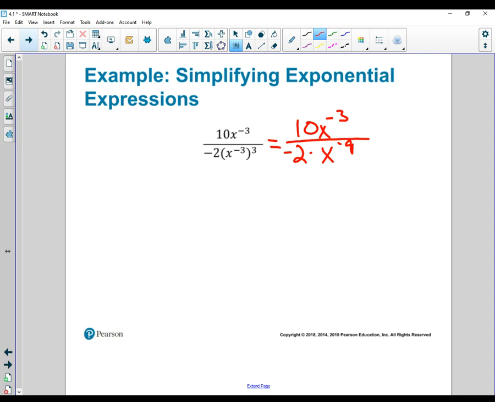X to the negative 9. Negative exponents means flip, throw that in the bottom, make it positive, throw the other one on the top, make it positive. So really I'm going to get 10x to the positive 9 when I flip that one up. On the bottom is still negative 2x to the 3.